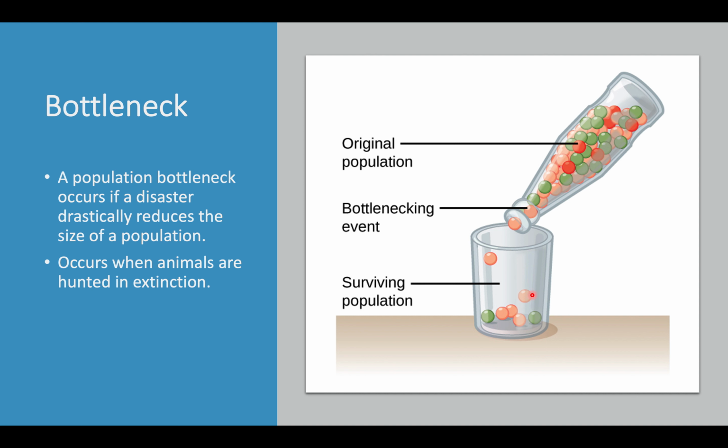And so the evolution that takes place from here on out is going to be based on the surviving population, these individuals themselves. A bottleneck results in a large portion of the genome, which was in the original population, suddenly being wiped out because of a disaster. The genetic structure of the survivors becomes the genetic structure of the entire population.